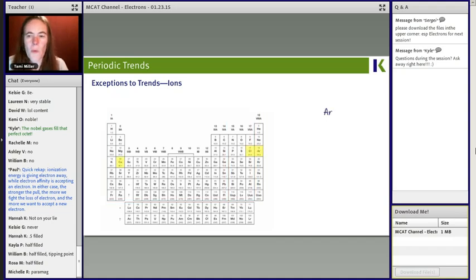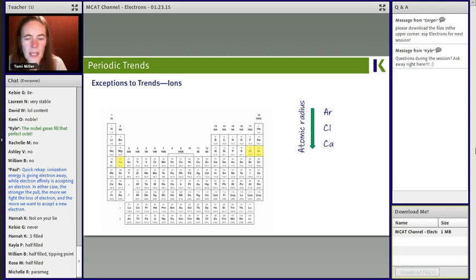So let's look at what we have here as far as our radius. Okay, argon has got a radius that is just a little bit different. If we look at these three, calcium has a smaller radius. The reason calcium has a smaller radius is because it has more protons. It's going to pull those toward it.